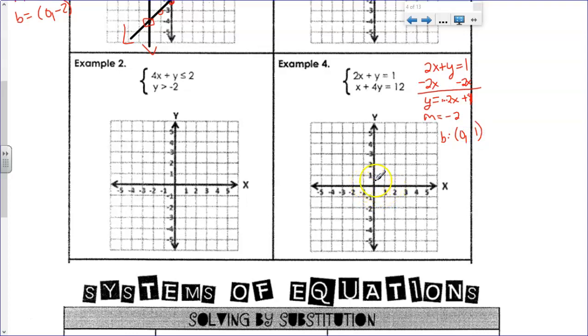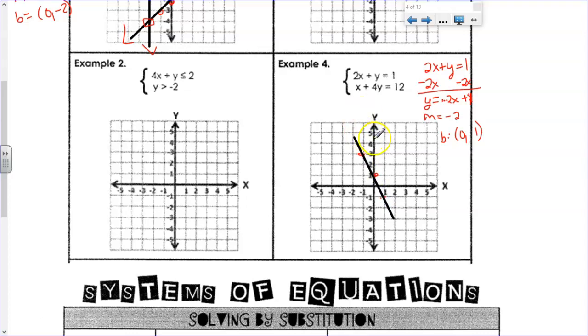Let's go ahead and graph that one. (0, 1) is my starting point. Slope's negative 2, so I can go up 2 and left 1, or I can go down 2 and right 1. Then I can connect those dots, trying to make my line as straight as possible so that we can see the intersection.